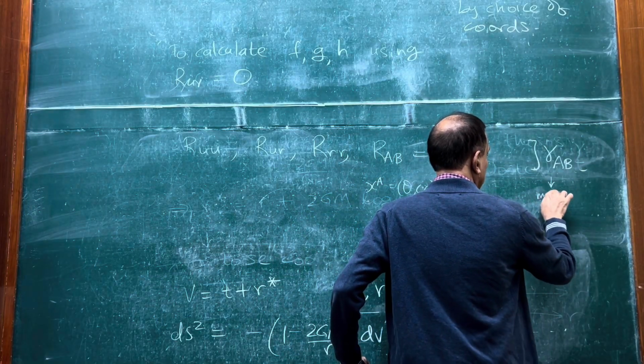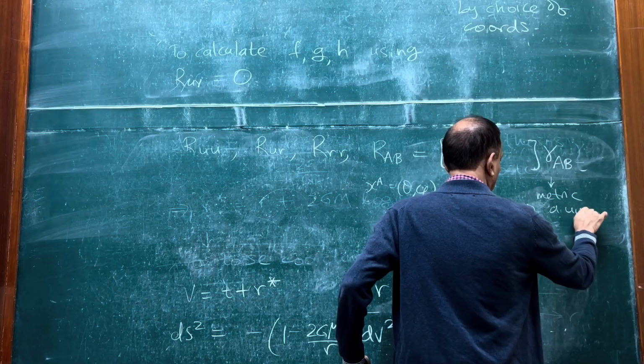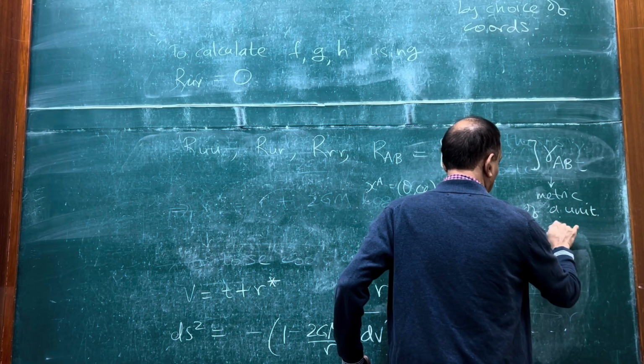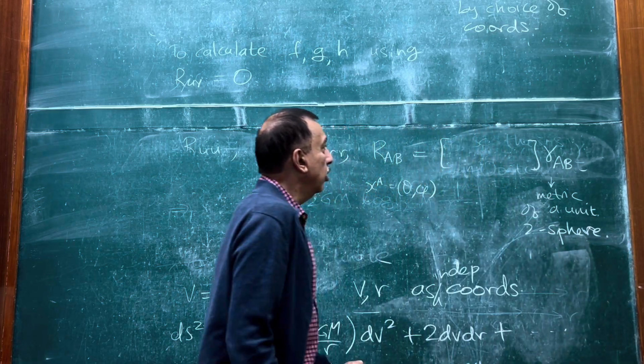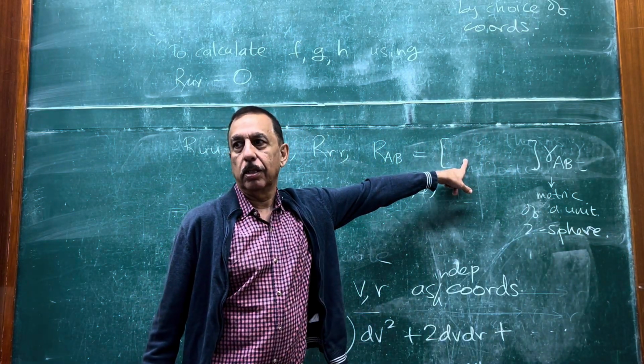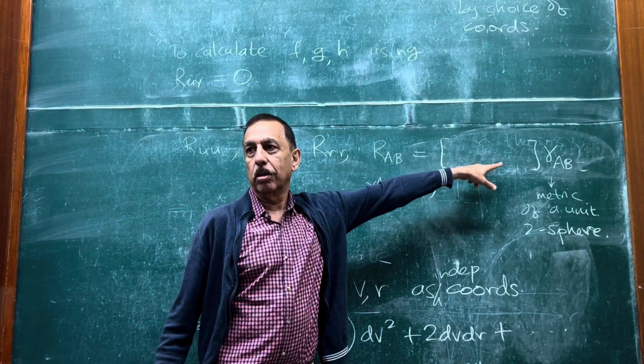You can take this to be the metric of a unit two-sphere. So there's only one function here. So the total number of functions is 1, 2, 3 and 4.